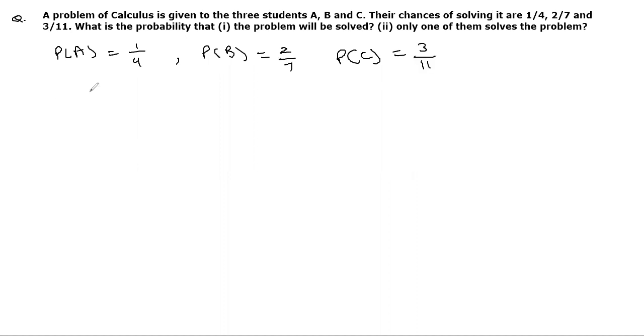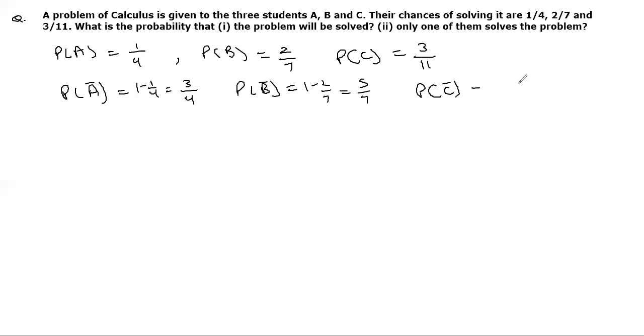Not solving by each of them respectively will be 1 minus 1 by 4, that is 3 over 4. P of not B is 1 minus 2 over 7 equals 5 by 7, and P of not C is 1 minus 3 over 11, that is 8 over 11.